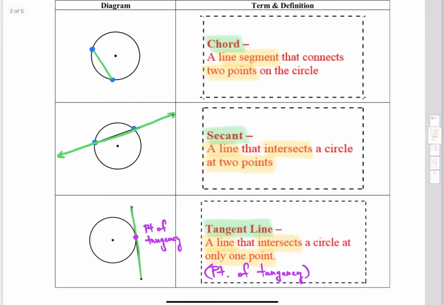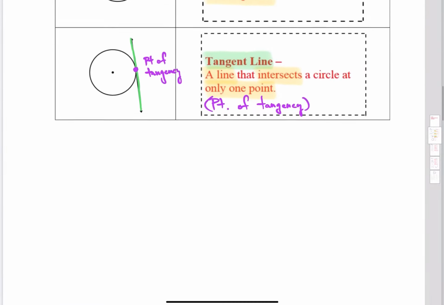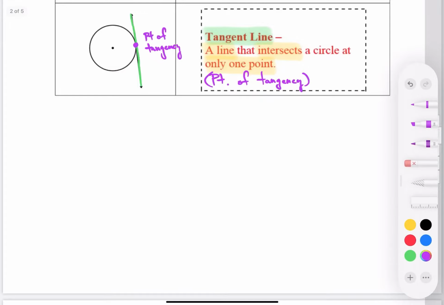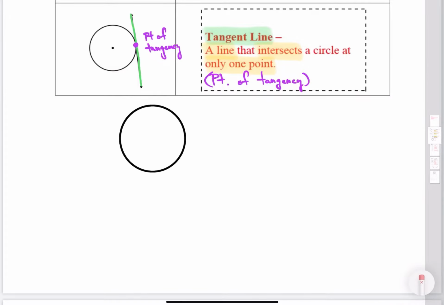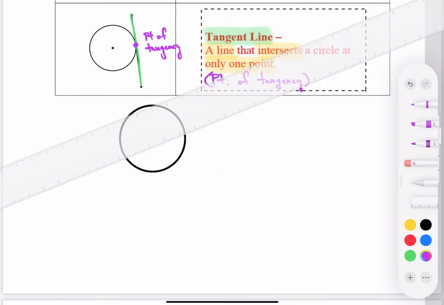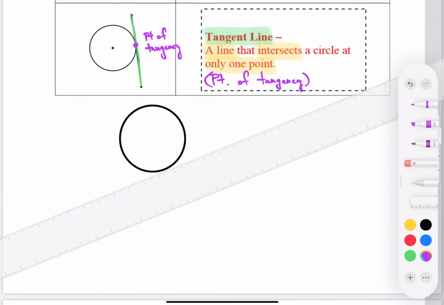All right, so we could go ahead and take a look at what a tangent segment might be as well. A tangent segment is basically where we have a segment as opposed to a line, but one of the endpoints of our segment must be the point of tangency.